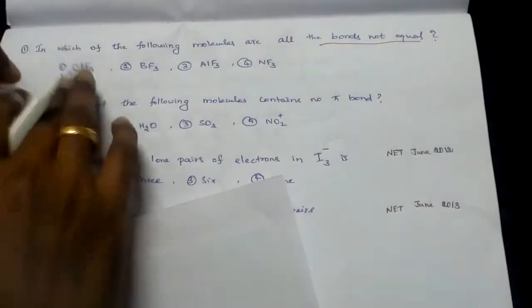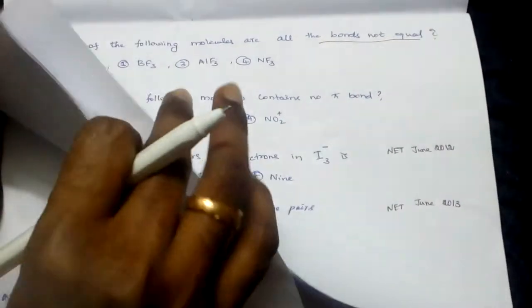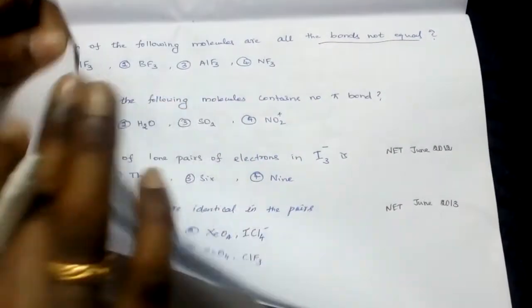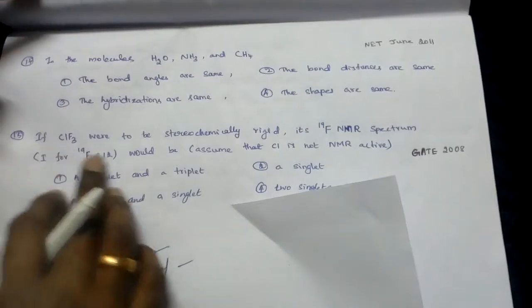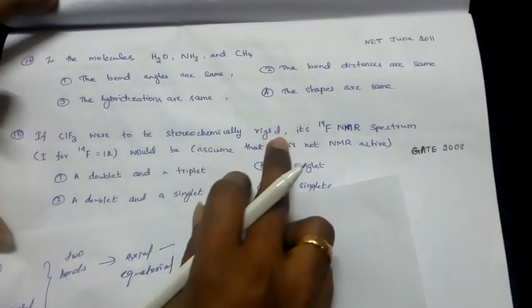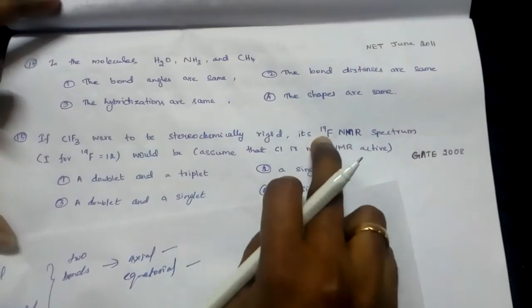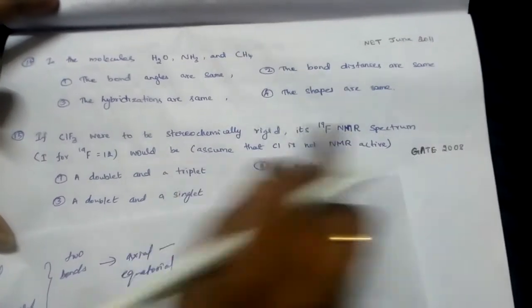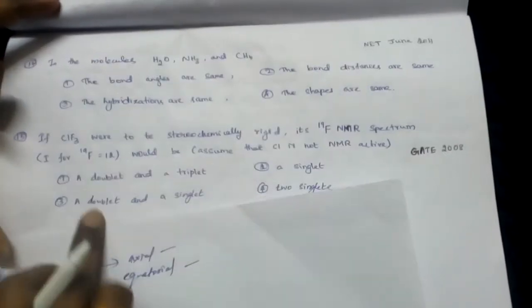In a similar way, we can answer the 15th question also. The 15th question is of the same type, and they ask about NMR. If ClF3 were stereochemically rigid, its 19F NMR spectrum would be what?